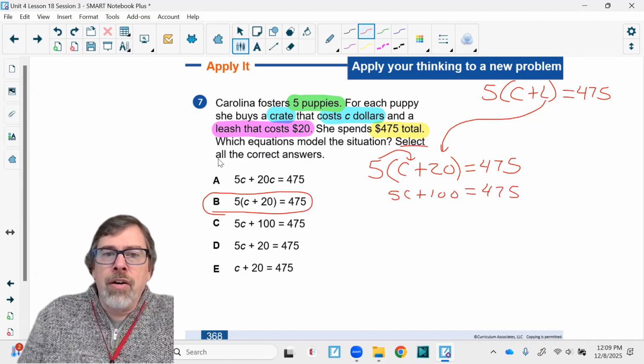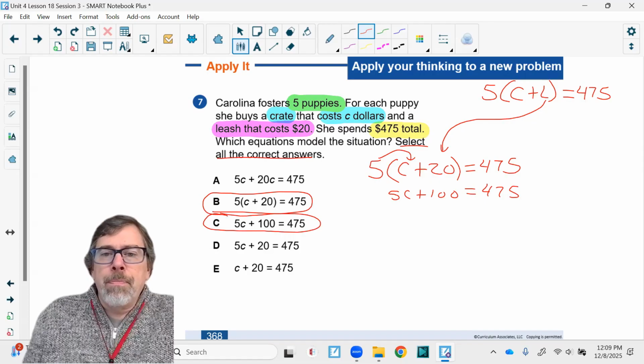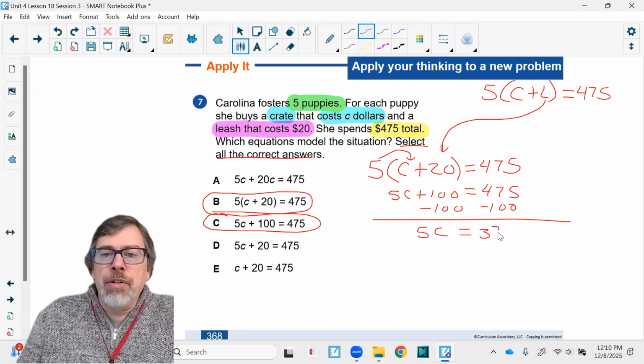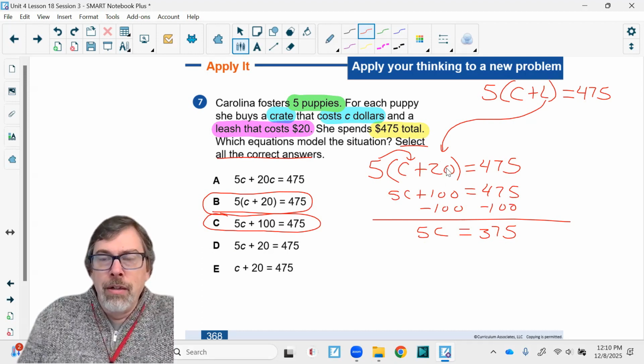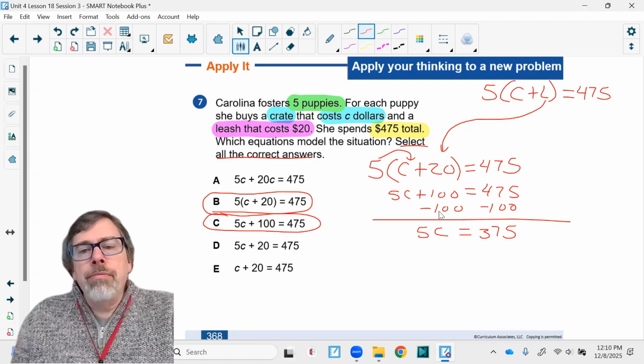So it says select all the correct answers. If I did do the distributive property, I also get C. All right. I'm now going to subtract 100 from both sides. I want to find out how much these crates cost. So I'm going to get 5 crates is going to cost me $375 because I spent $100 on the 5 leashes. Make sense? 5 times 20 is 100.